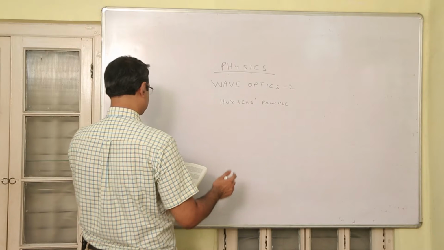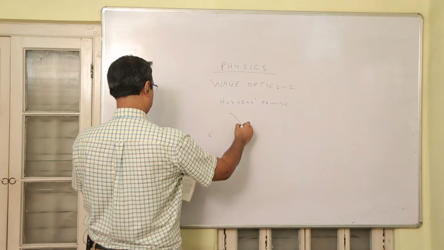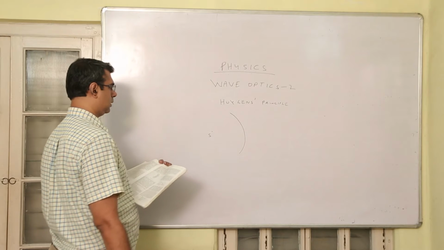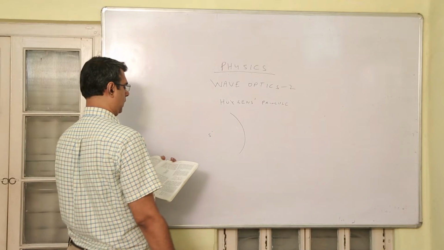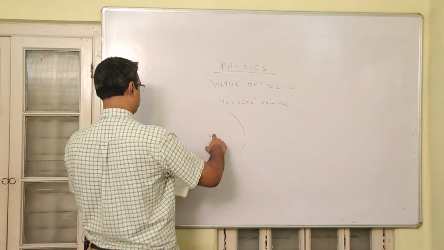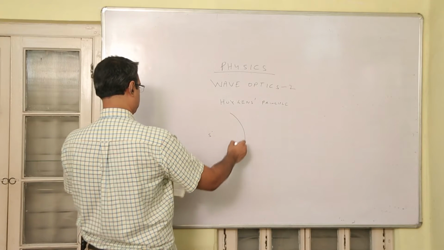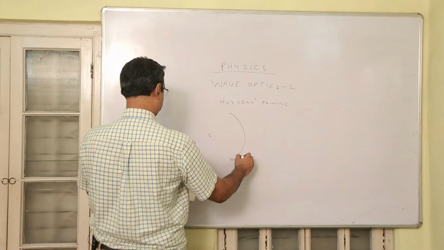Now what happens is that suppose this is a point source of light. If you draw a circle, if you draw a surface which is at a fixed distance from the source, this surface is called a wave front.